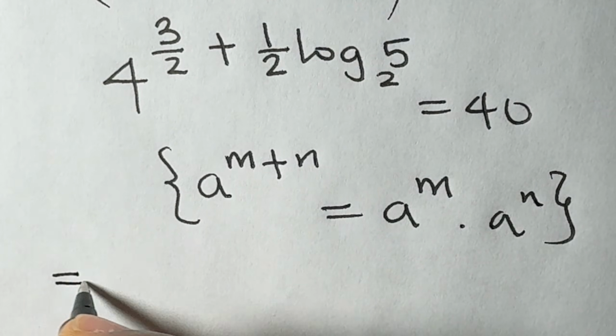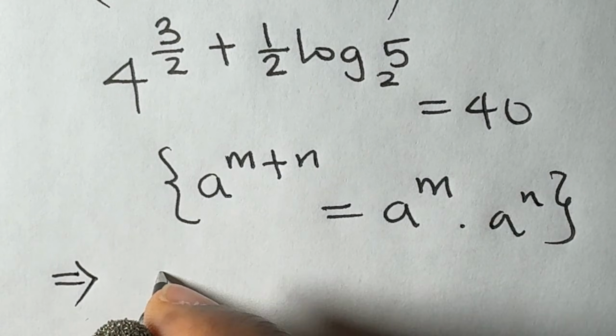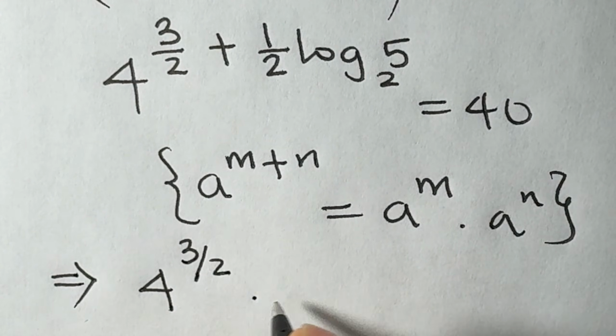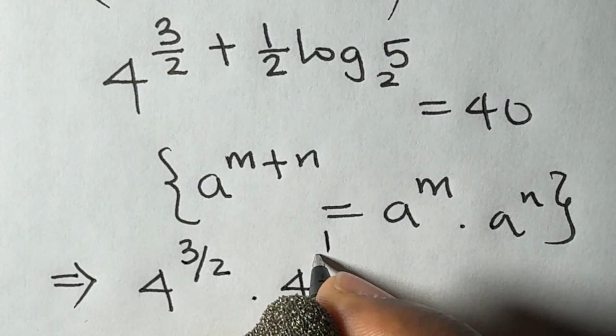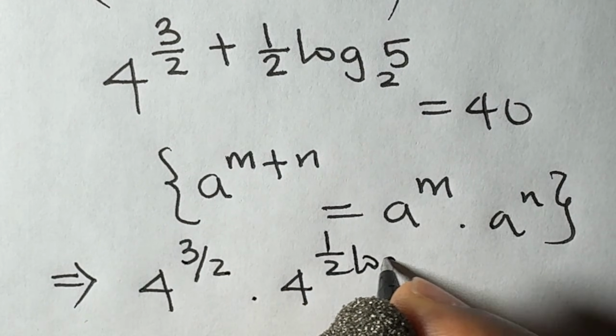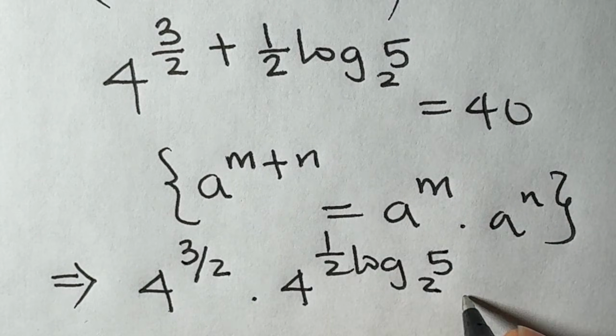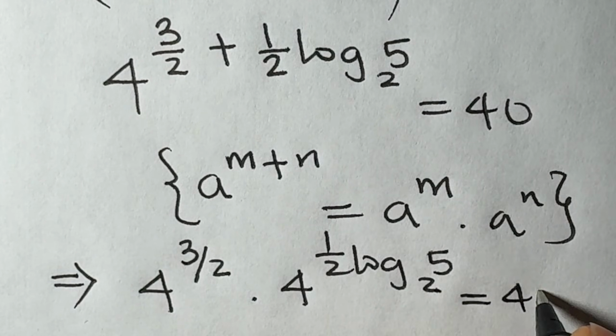So this becomes 4 raised to power 3 over 2 times 4 raised to power 1 over 2 log 5 base 2, and this should give us 40.